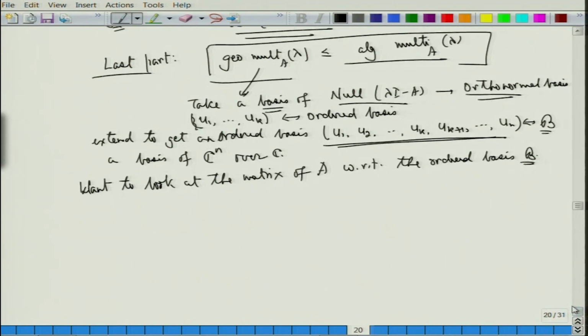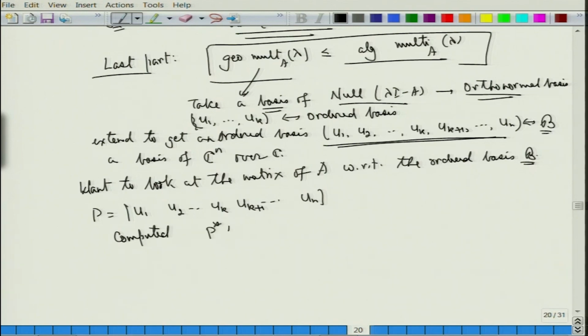One that we did yesterday was we defined P as u1, u2, ..., uk, uk plus 1 till un, and we computed P star AP.